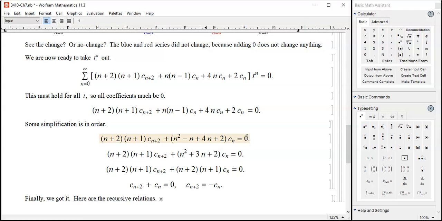Some brute force algebraic computation, taking these parts together, factoring, and then eventually we have common parts, so we end up with this simplification. In general, this becomes a rather dirty computation, but for this particular example, it turned out really simple. We're just lucky.